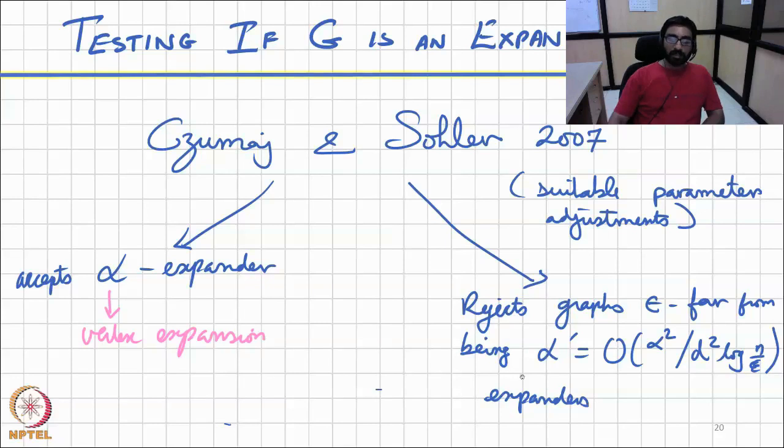As a result, when you square the alpha here, this alpha prime is going to be a worse expansion parameter. And so the rejection happens with constant probability only if the graph is epsilon far from being a worse expander. So the result is, in that sense, not very impressive, but even getting this result was quite a challenge.